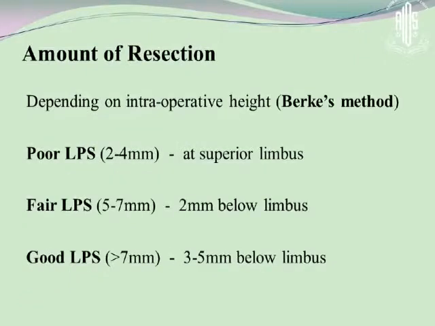Then the amount of resection can also be judged on the basis of intraoperative lid position and the LPS action. So if the LPS action is poor, then it's better to leave the lid at the superior limbus. If it is fair, then 2 millimeters below the limbus, and if the LPS is good, then 3 to 5 below the limbus, because we expect some elevation of the lid in the post-operative period.